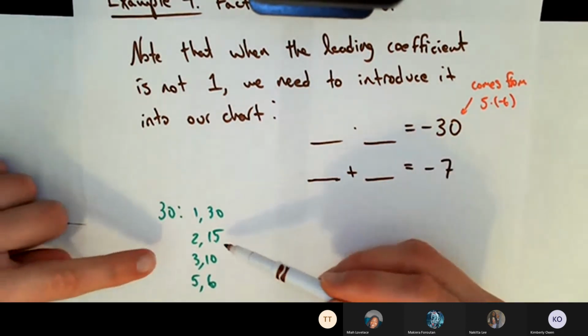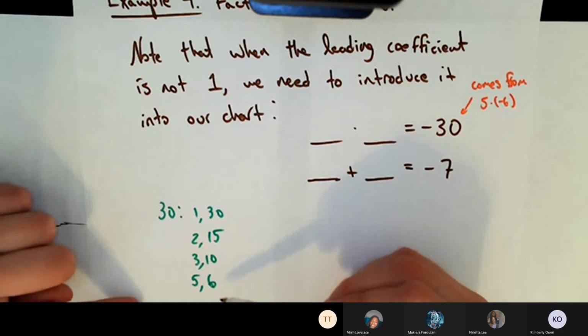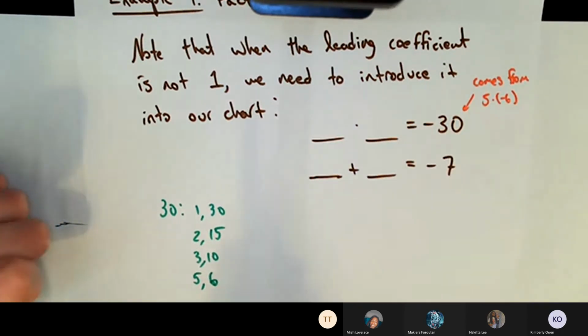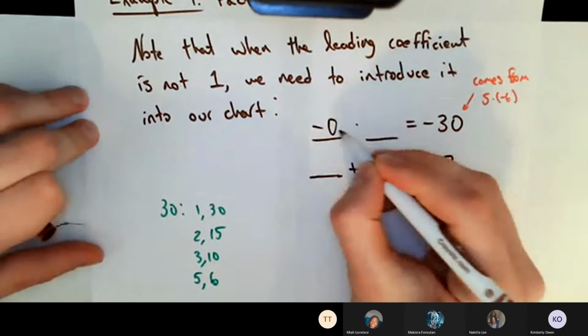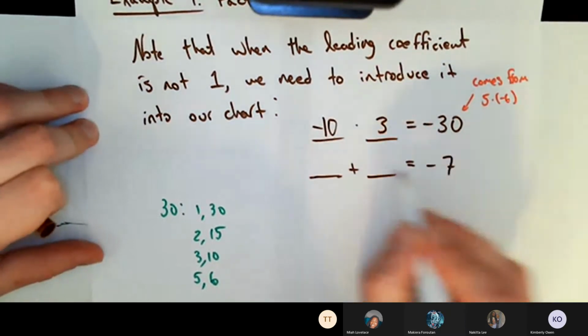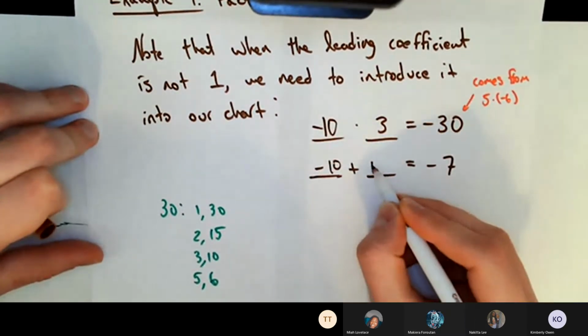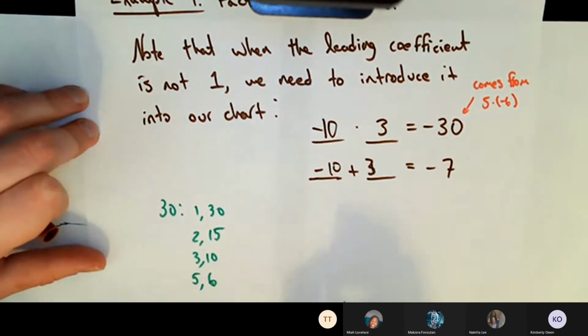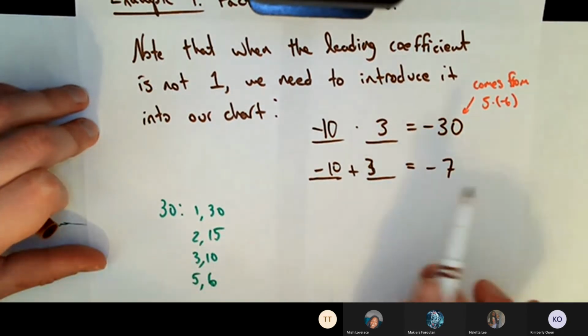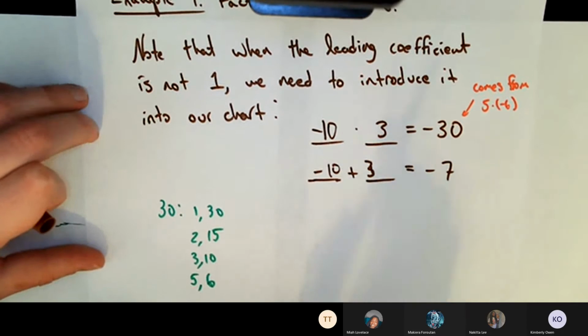So how could I negate one of these numbers and then add them up to give a -7? Could it be -10 plus 3? Yes, good. -10 times 3 is -30, and -10 plus 3 is -7. So our magic numbers that are going to work are -10 and 3.